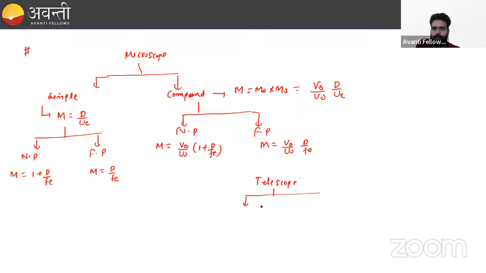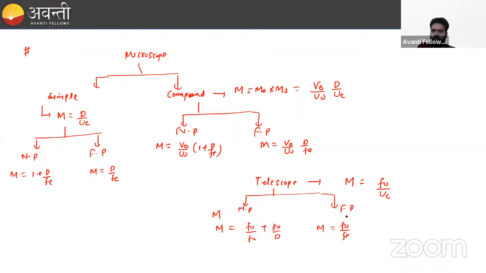Correct. If we talk about the telescope, we know that we only do the numerical study of the refracting type of telescope. If we consider the general formula of magnification, what is the general formula, guys? We already calculated in the previous slide, that is fo upon ue. The magnification in the case of the near point is fo upon Fe plus fo upon D. In the case of the far point, this can be written as fo upon Fe.